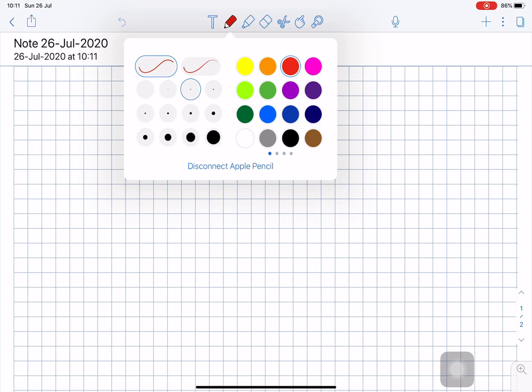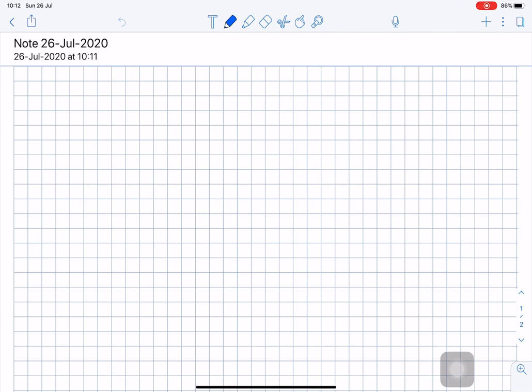So I will choose this blue color now. In this particular topic we are going to discuss general theory of waveguide analysis. This part is very important in order to understand how to derive the field equation in a general format. So here the topic is general theory of waveguide analysis.